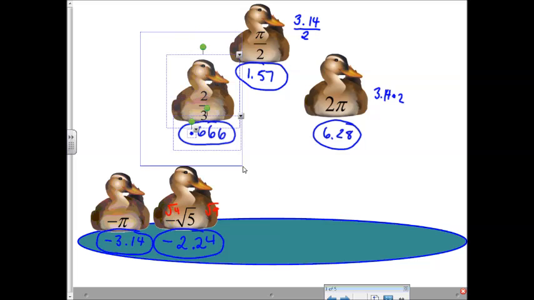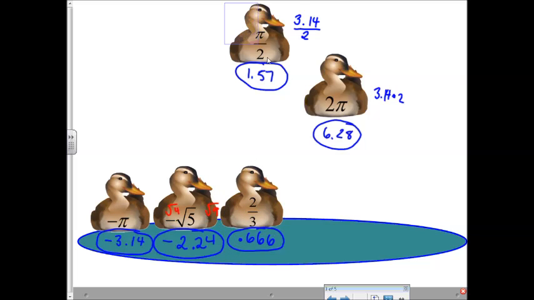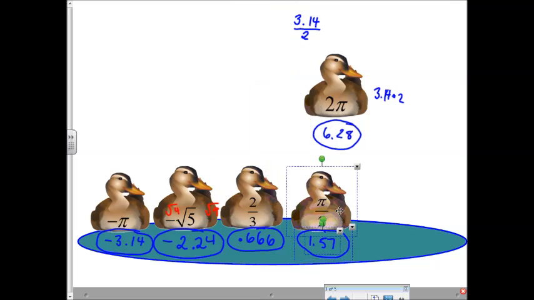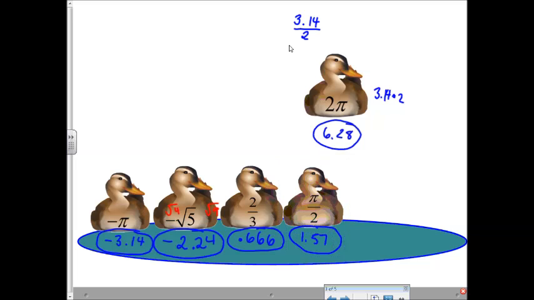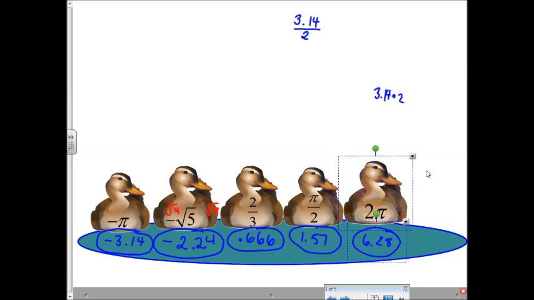The next biggest is 0.66. And then 1.57. And lastly, 6.28. And our ducks are in a row from least at negative 3.14 to greatest, 6.28.